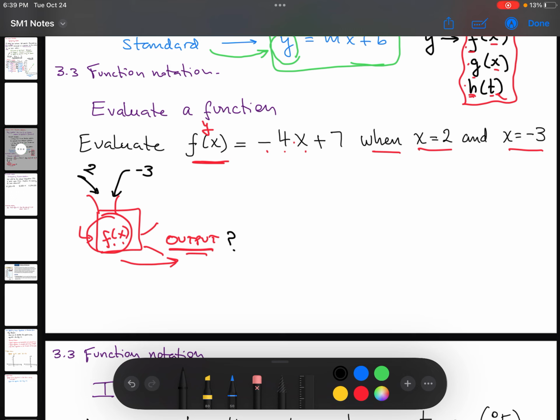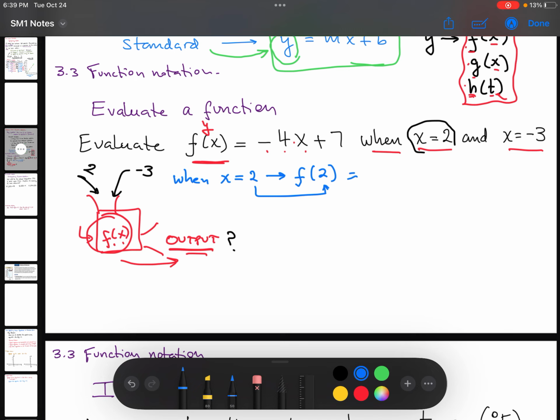So in the first place, when x equals 2, and pay attention to this, it means that I want to evaluate the function. So the function, the output, when x is 2. As you can see, I just substituted the x for that 2.